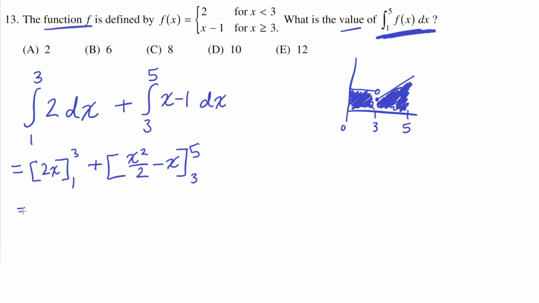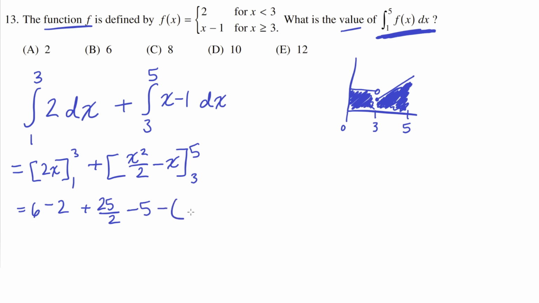So let's evaluate the first one. So 2 times 3 is 6. And then subtract from that 2 times 1 is 2. And then plus x squared, which is 25 when x equals 5 over 2 minus 5.